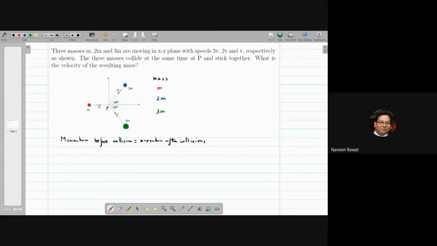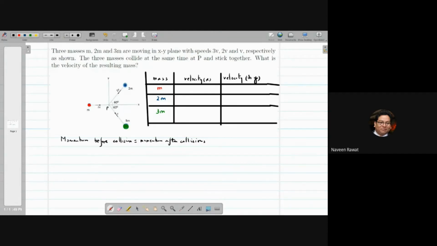Okay, and now we will find the velocity in x, and we'll find the velocity in y. So once you have the velocity in x, you just have to multiply with m, and you will get the momentum of each of these particles in the x and in the y direction. All right, so I'll give you a couple of minutes to come up with the values.